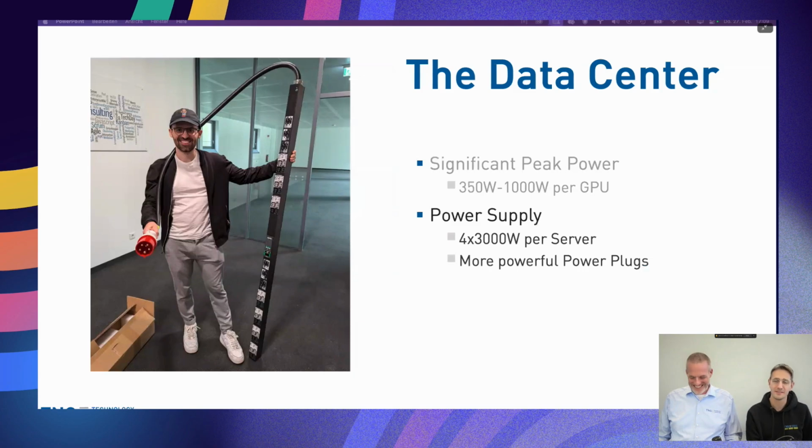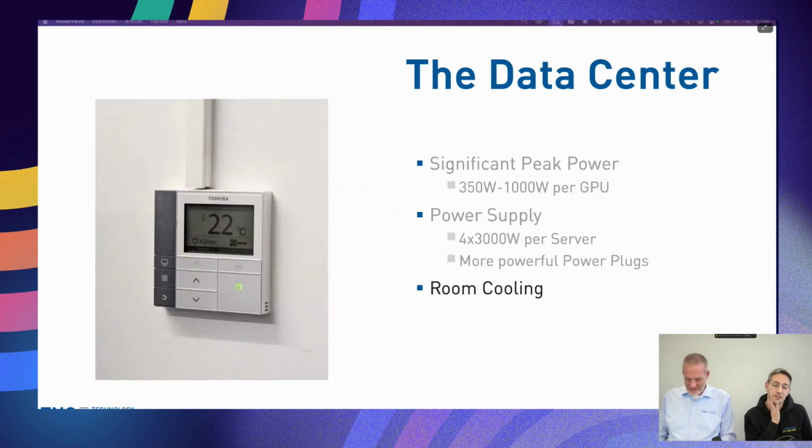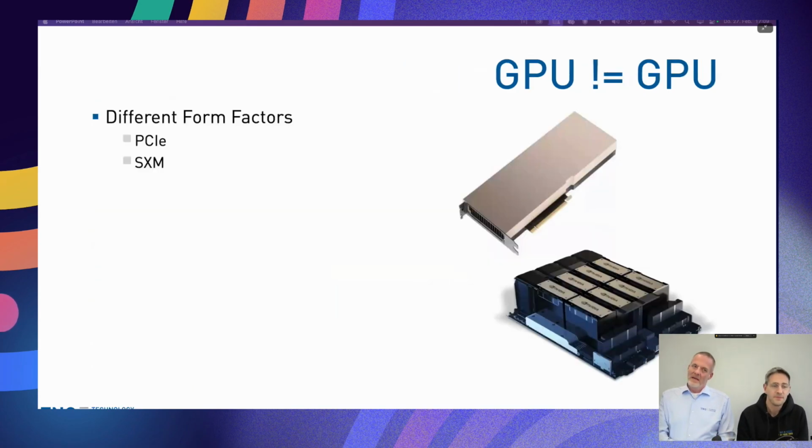For the power supply, you might need to talk to the electrician and come up with a more powerful supply in your basement as well. And of course, what is also important is cooling, because all of these things produce a lot of heat. So you need to have a very good AC in the room in order to not get too hot down there.